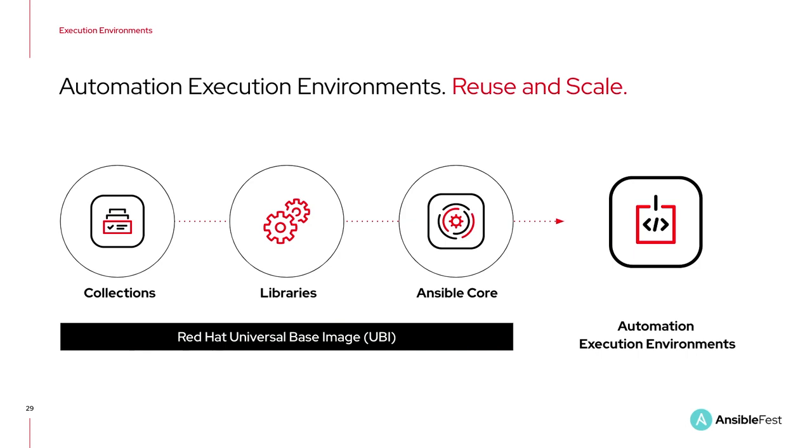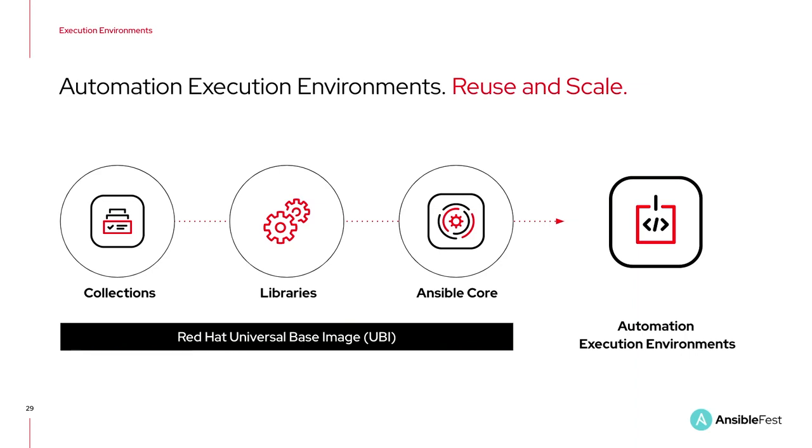They are built on Red Hat Universal Base Images, which provide quite a nice Linux base. But when it comes to Ansible playbooks, you want a container image that supports this, and it's all about the dependencies, collections, libraries, Ansible core. So collections, everything related to Ansible.